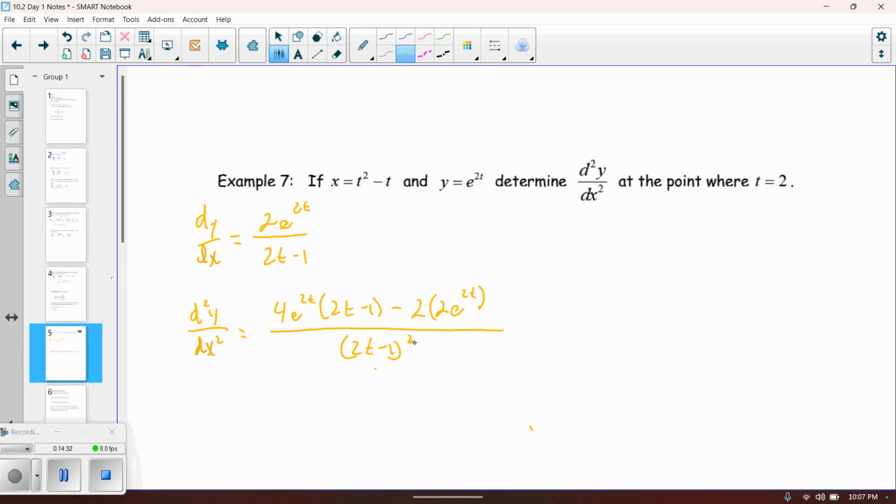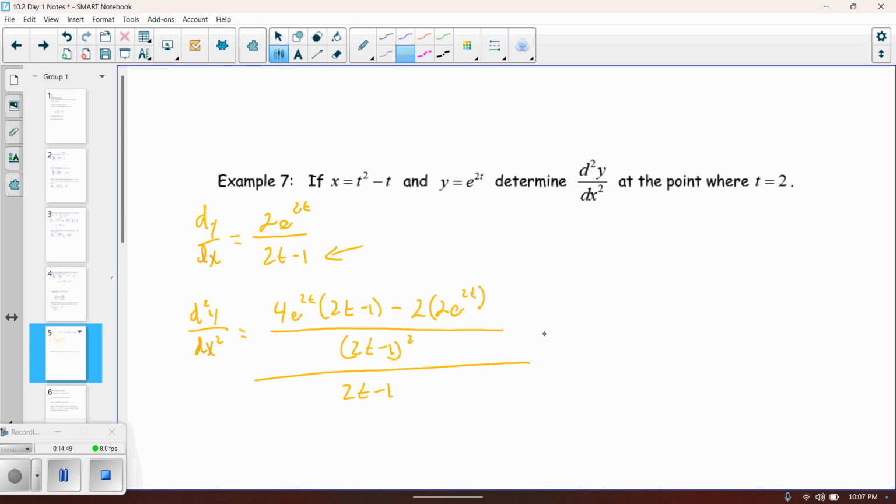That's just the quotient rule portion. Because this is a second derivative, we have to remember to divide the whole thing by another dx over dt, which we've already found. So we divide it by another 2t minus 1.